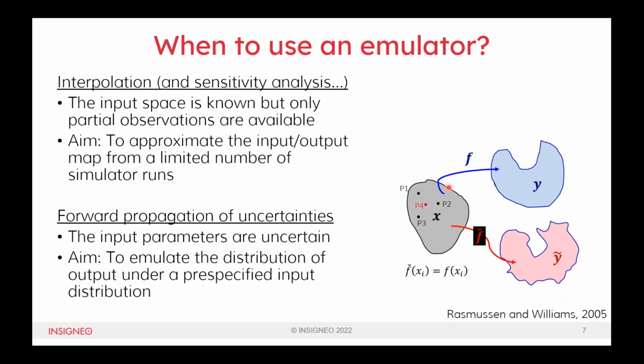Now imagine that you know the function, the value of f on P1, P2, and P3, but you need to evaluate your model in P4, but for whatever reason, it's not possible for you to run the simulation.